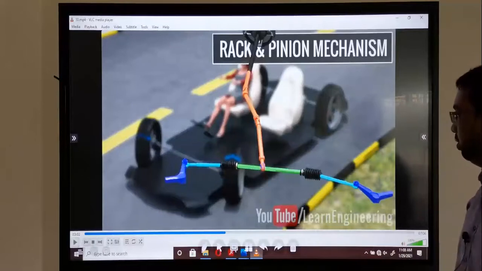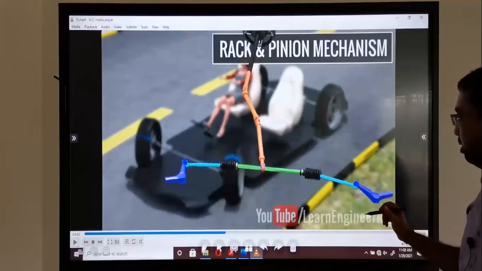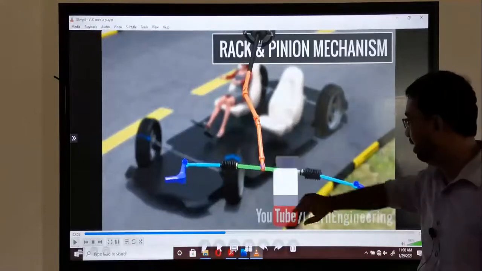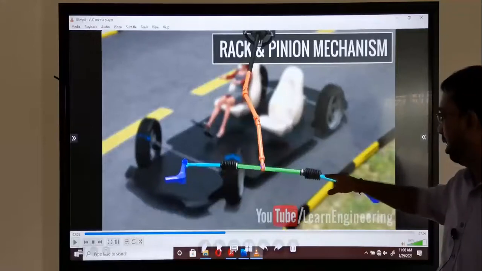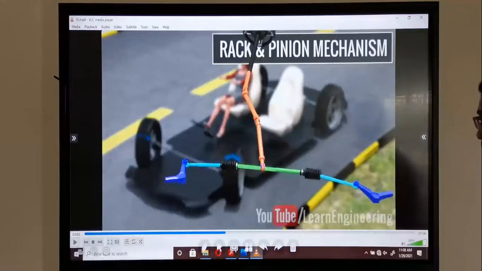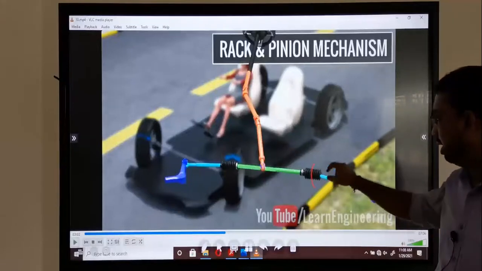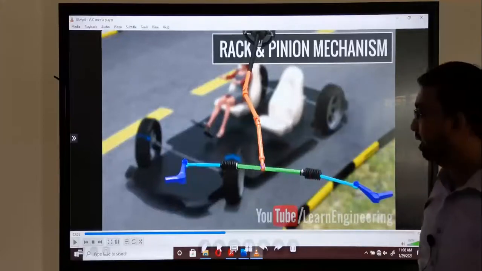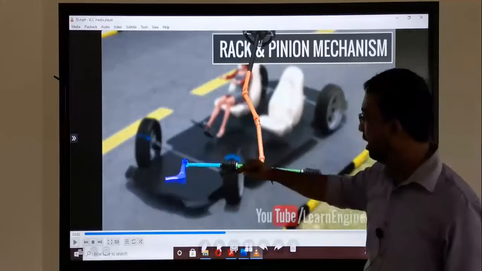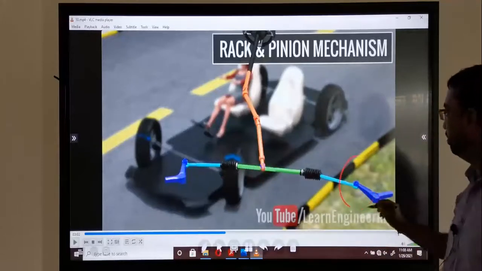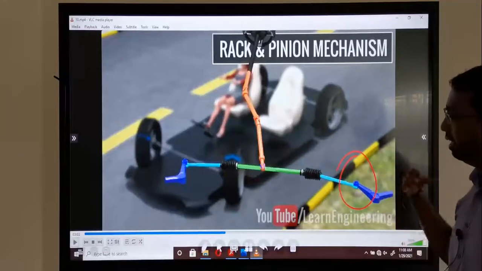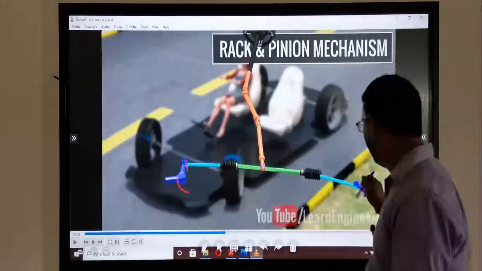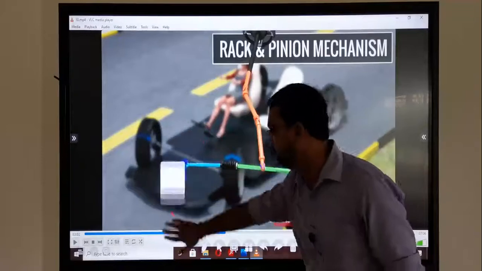According to that mechanism, because of this ball stud joint connected here, the outer tie rod and the rack, and the mechanical linkages, when the car turns, the inner wheel is maintained with a higher angle. Here there is a lower angle, because of these mechanical linkages.